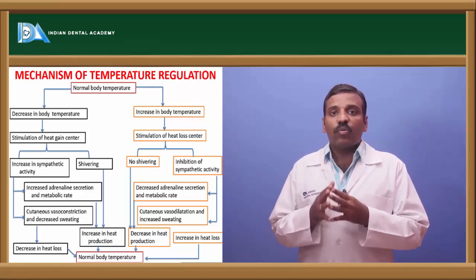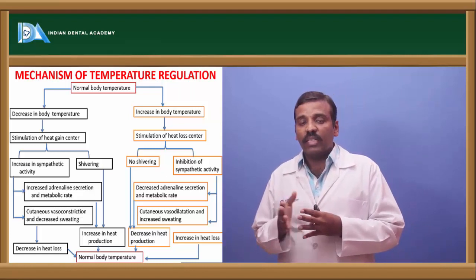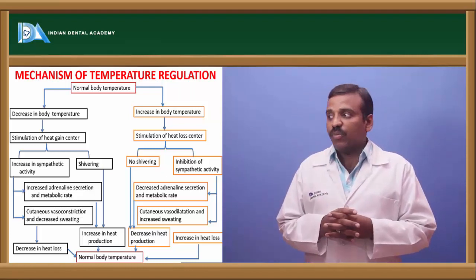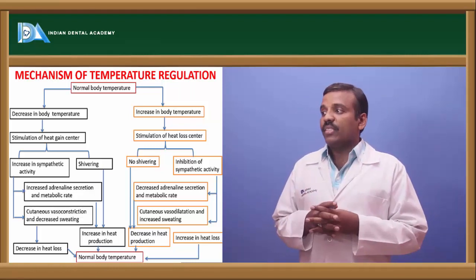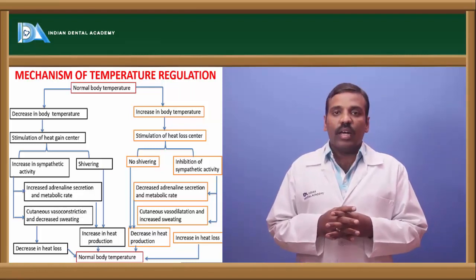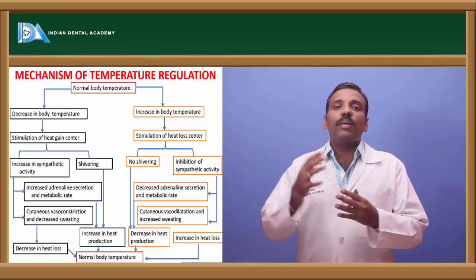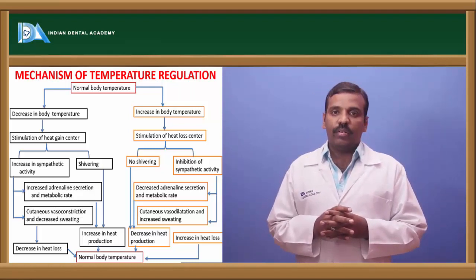Another type of mechanism in the heat gain: by the stimulation of the heat gain mechanism, there is an increase in sympathetic activity, and immediately there is increased adrenaline secretion and the metabolic rate also increases.